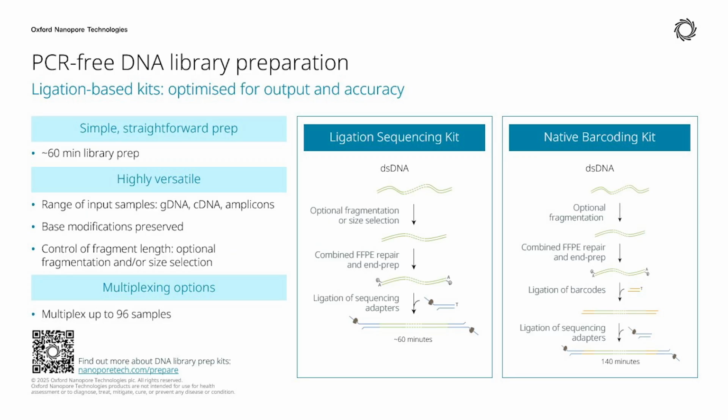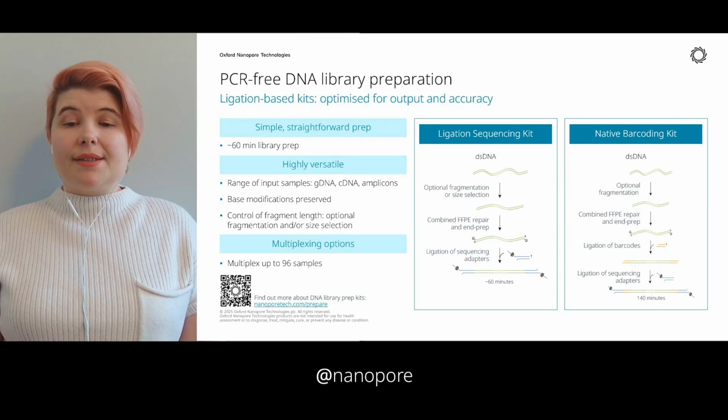The ligation chemistry is our most popular option, which is no surprise given its versatility and high outputs. While it is optimized to deliver the highest output of any of the kits, the library prep is simple and straightforward to perform. The first of two enzymatic steps repairs damage and nicks in the template molecules and prepares the fragment ends for ligation.